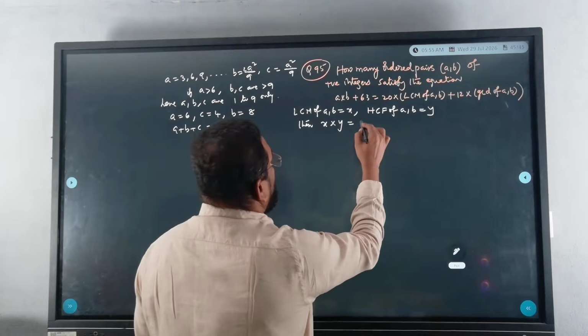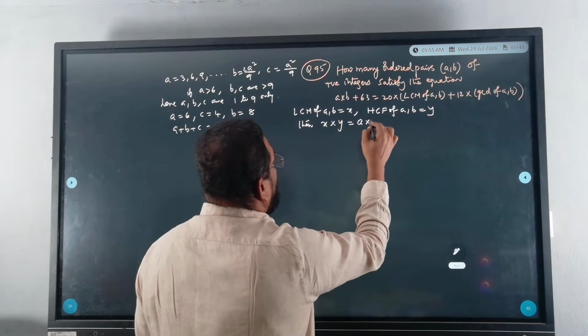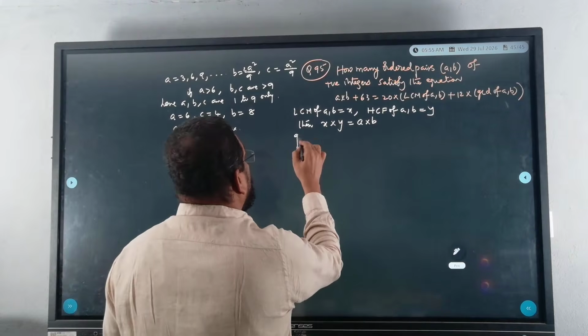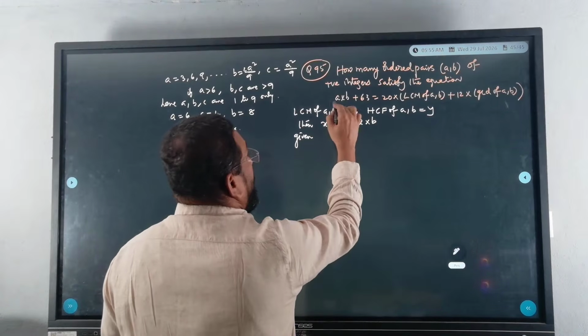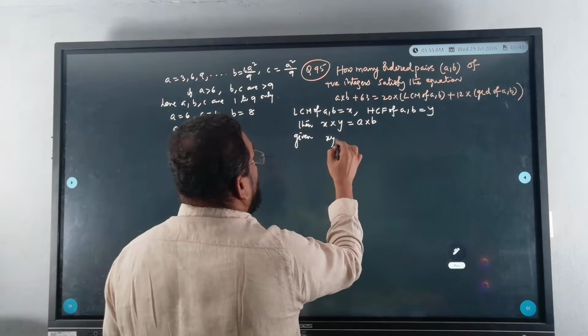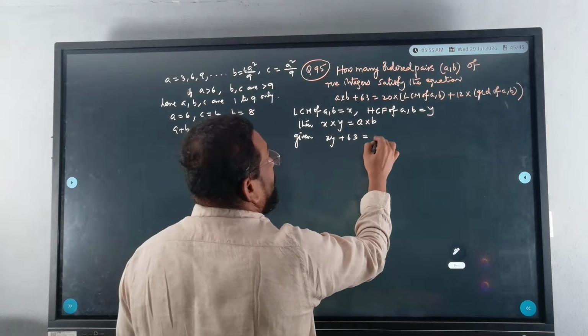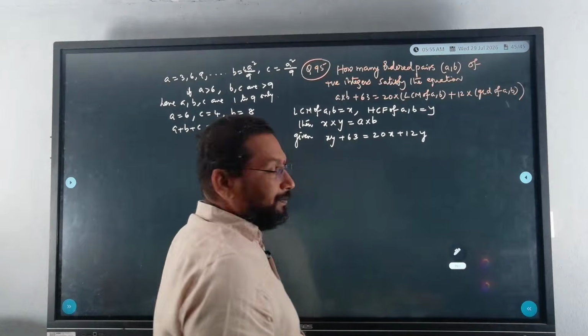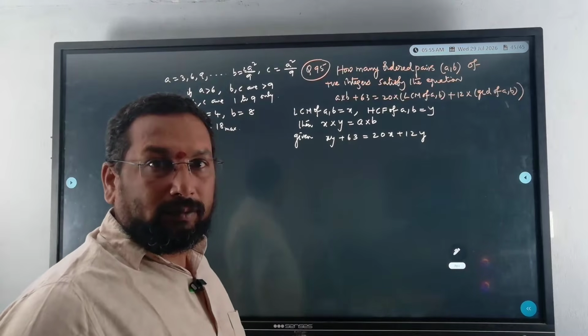Product of numbers is equal to product of their LCM and HCF, right? So now, what is given? ab, nothing but xy, plus 63 is equal to 20x plus 12y, right?